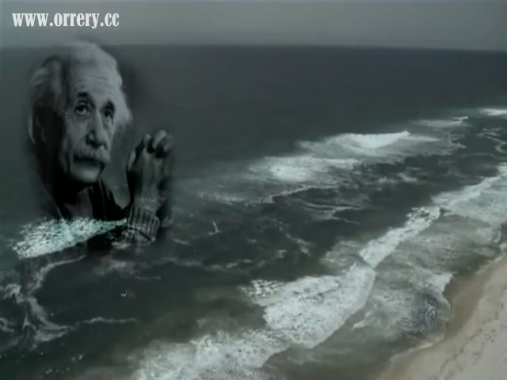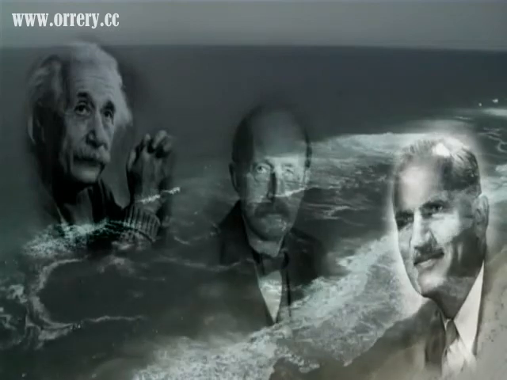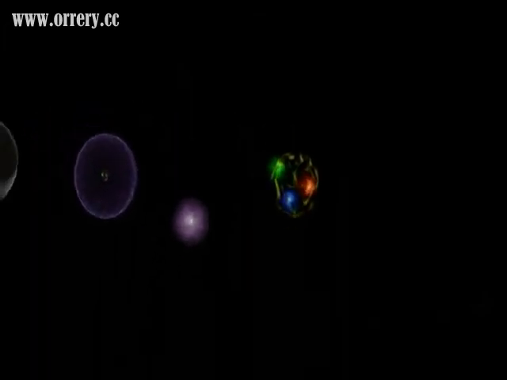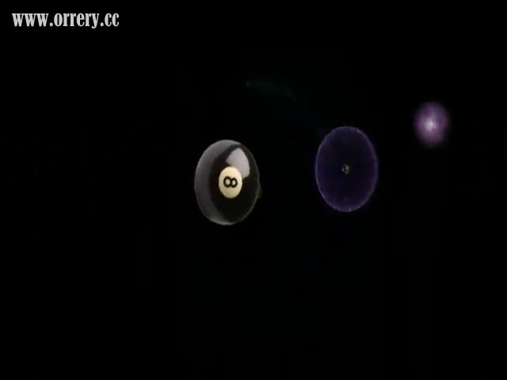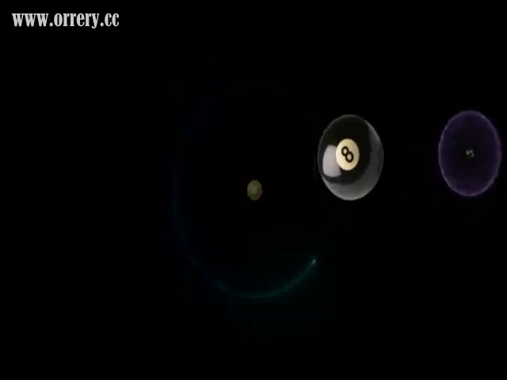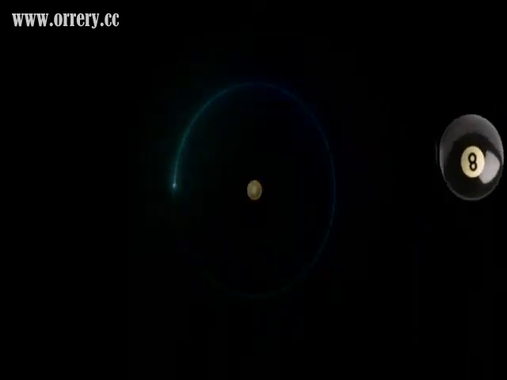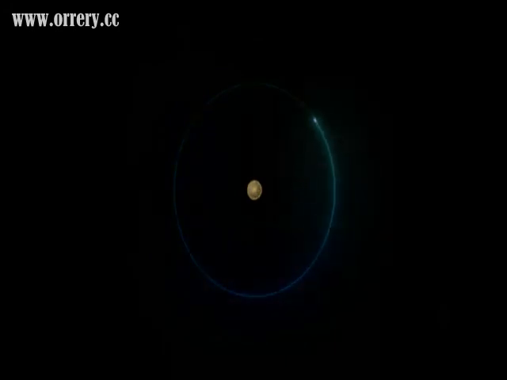Since Einstein and Planck and Compton had firmly established that light could have the characteristics of both a wave and a particle, de Broglie suggested that matter particles, protons, electrons, atoms, billiard balls, could sometimes act like waves. And when this idea was applied to Bohr's atom, it answered many questions.